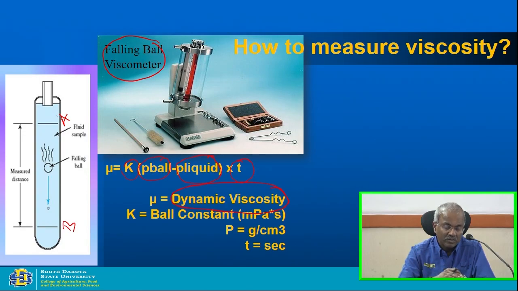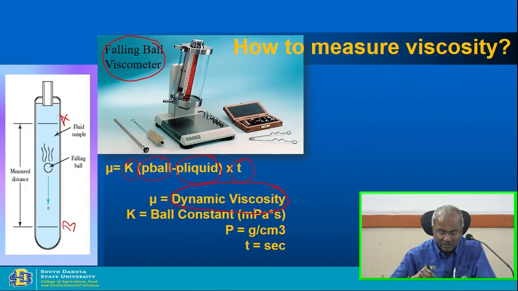Same thing here also: depending upon what fluid you are testing, there are 6 different balls that come with the instrument. So you have to select the right ball so that you can measure the correct viscosity. That's the limitation of this instrument. It's not just one ball that you can use for any fluid.